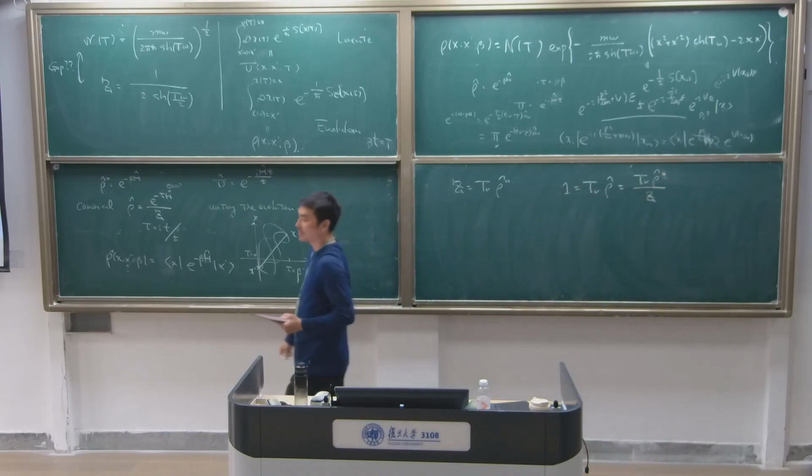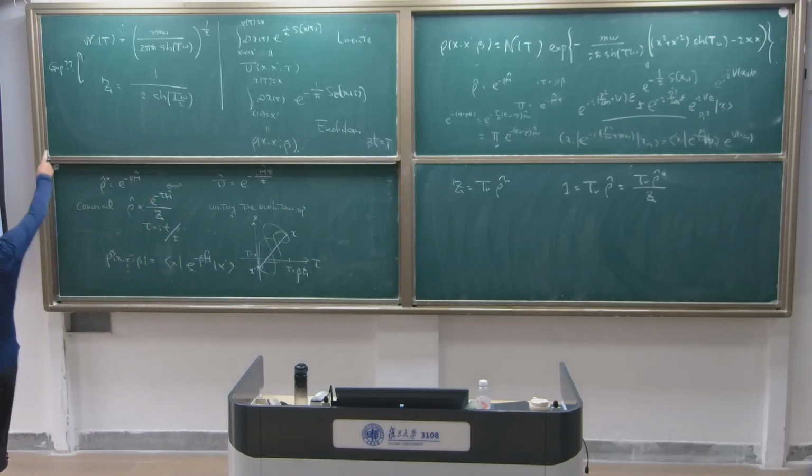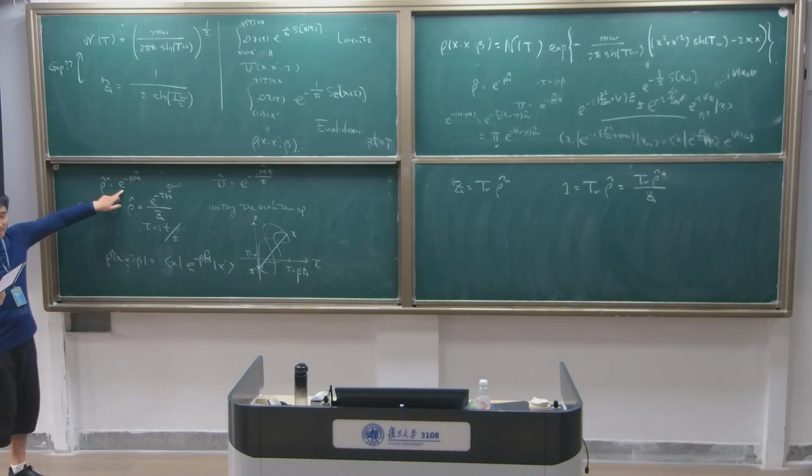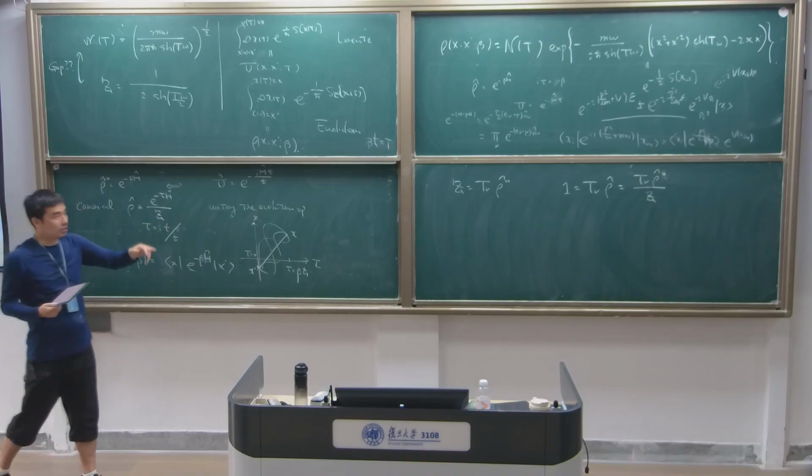That's why I think I made a mistake in color. This gap is related to this. So let's first consider the unnormalized density matrix. It's just the overall factor of the partition function.